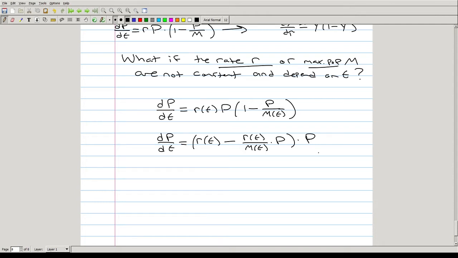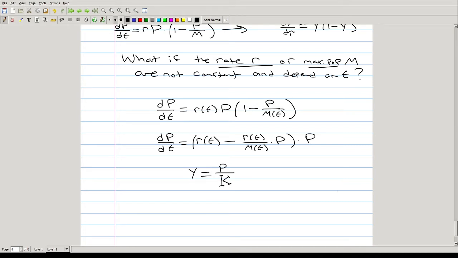Because r of t and m of t are now non-constant, they're functions of time, we have to be very careful with how we non-dimensionalize. Typically for a problem like this, we'll have some characteristic population, which we'll call capital K, and we'll non-dimensionalize by this K. It could be the maximum of the function m of t, the largest possible value of m of t.